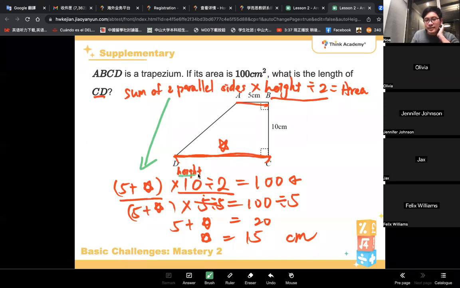And this is the height, times height divided by 2, equals the area. We know the area is 100 square centimeters. Yeah, I think I get it now. Okay, good.